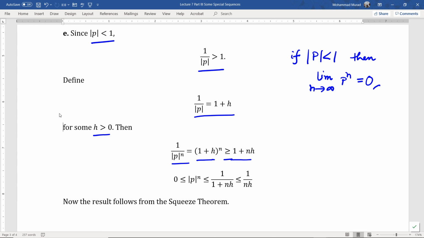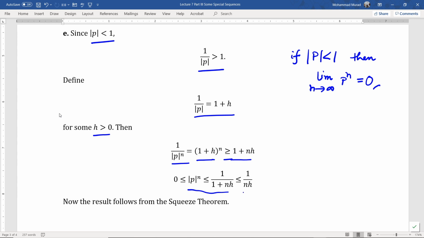Therefore, if we invert this inequality, we obtain the absolute value of p to the n is smaller than or equal to 1 over 1 plus nh, which is smaller than or equal to 1 over nh.